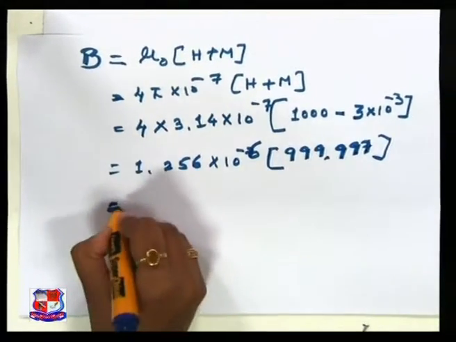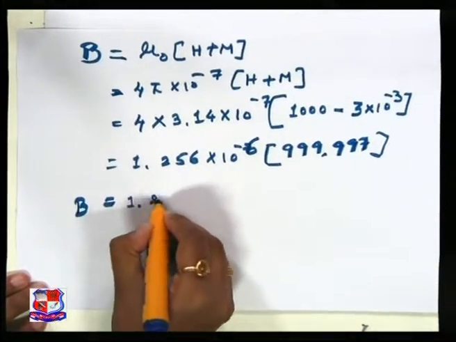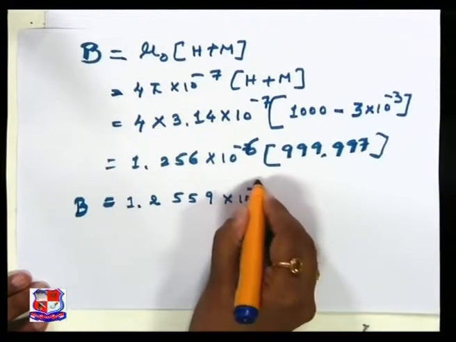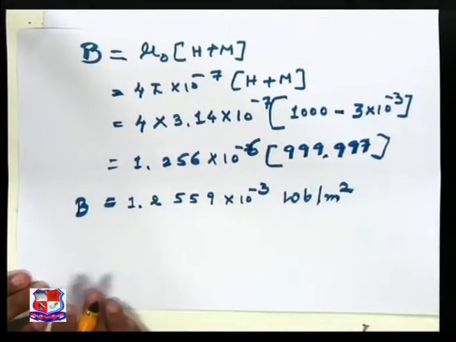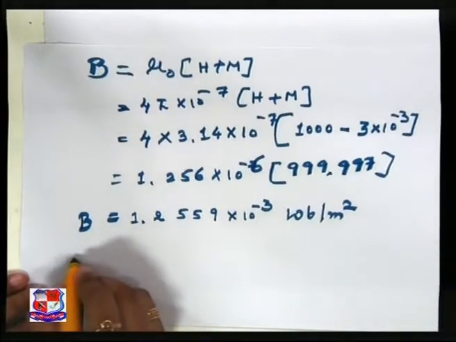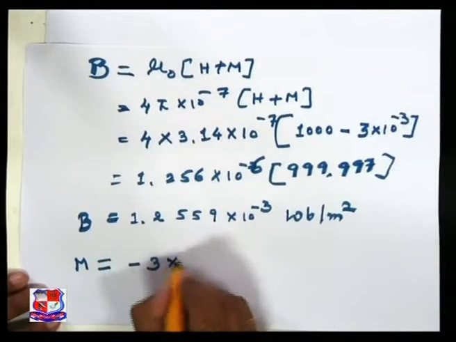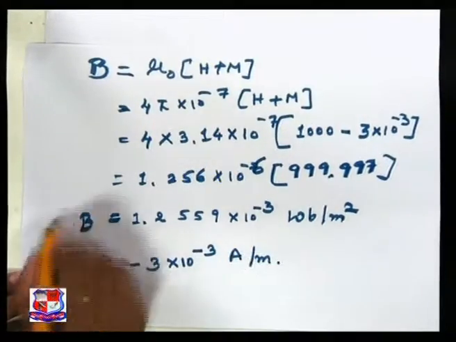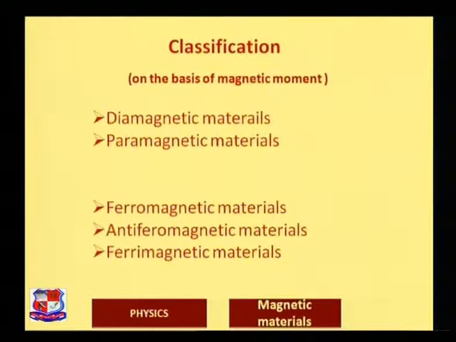The multiplication gives the value of B as 1.2559 into 10 raised to minus 3 Weber per meter square. Right? So we have found B, and we have also found M as minus 3 into 10 raised to minus 3 ampere per meter. These are the two answers required in the example.